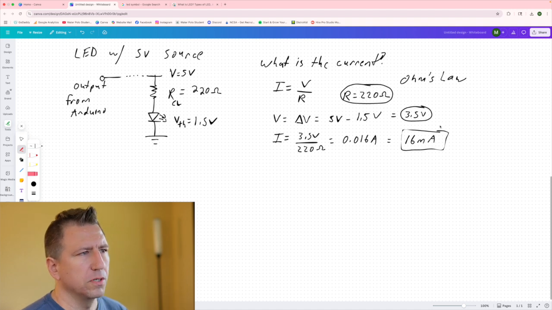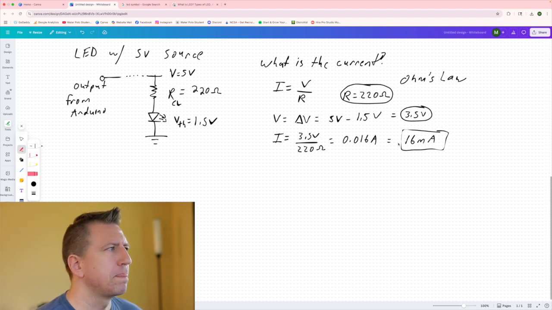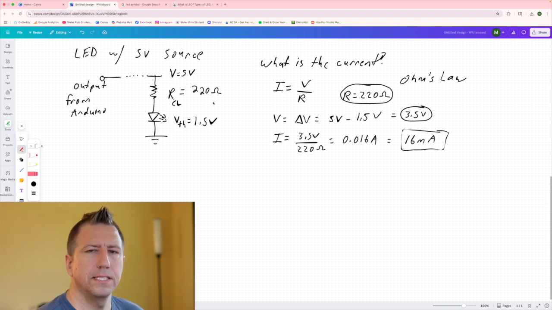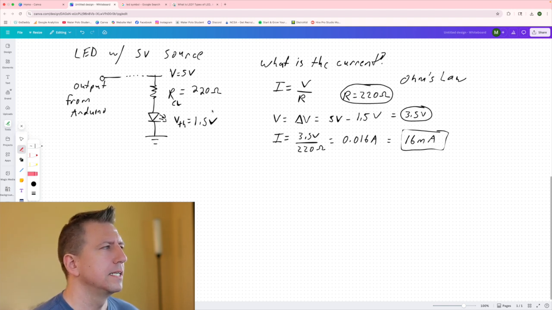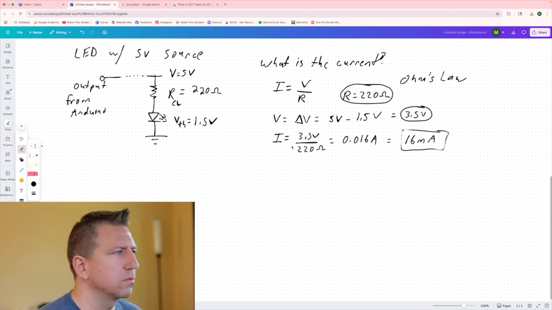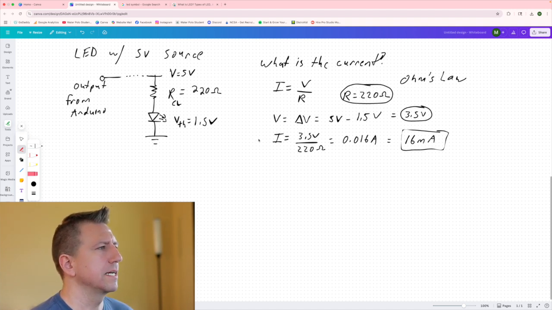And so we're in the ballpark that we're expecting to be. This 220 ohm resistor is a common resistance value that is used with LEDs to give us that approximately 20 milliamp performance. Now you can imagine if the threshold voltage here was a little bit smaller, we would get closer to that 20 milliamps, but that's just what we're looking at in this example.